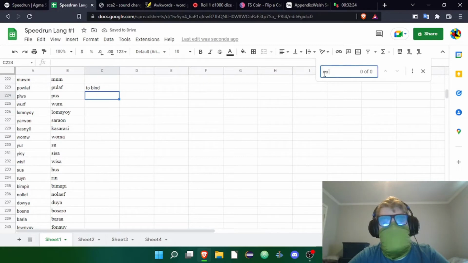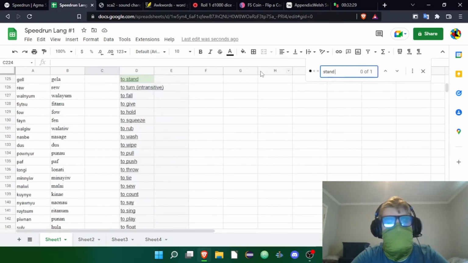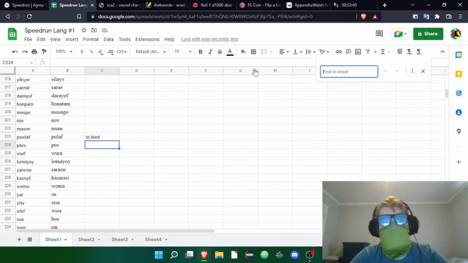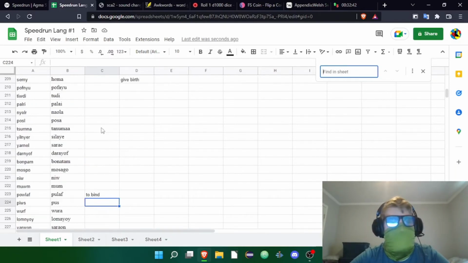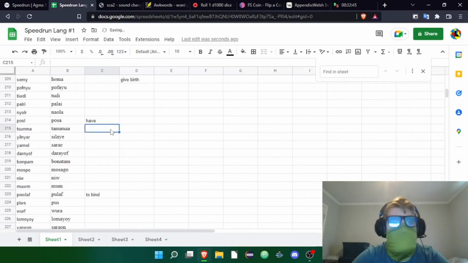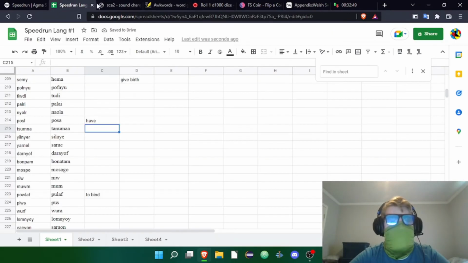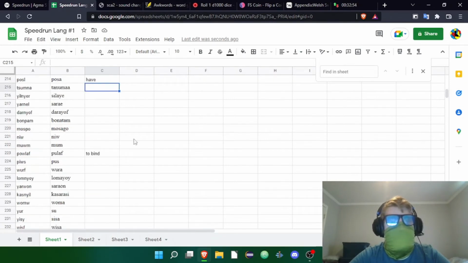Actually, let's change that and we'll say what about have. Oh yeah, this is a Celtic language. It doesn't have a word to have. Let's say posa means to have. So posa is going to shorten to po, and that's going to be our past tense marker. So populaf, or it's going to be lus populaf.